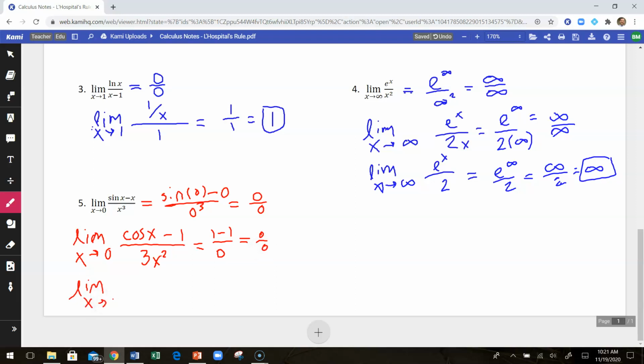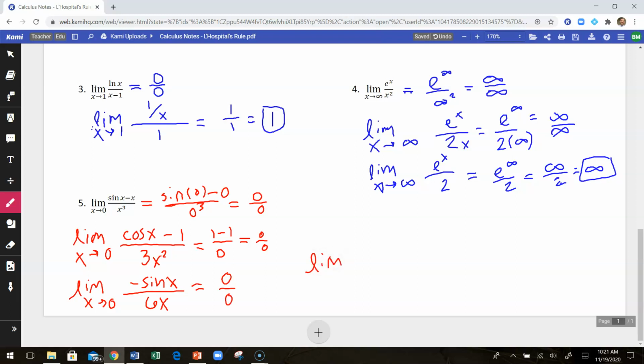Limit as x approaches 0. The derivative of cosine x is negative sine x. The 1 goes away. The derivative of the bottom is 6x. If I plug in 0, the sine of 0 is 0, so again I'm going to get 0 on top, and on the bottom I'm going to get 0. So I'm going to use L'Hopital's rule again.